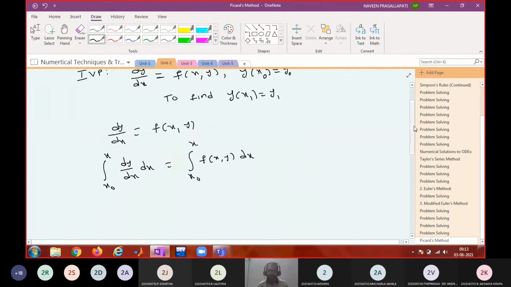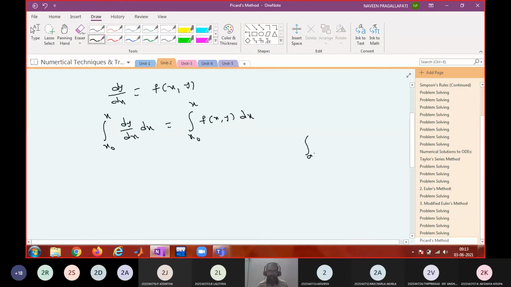Why? Because what do you mean by integration from a to b of f of x dx? You are integrating a function from a to b, where x is a variable running from a to b.